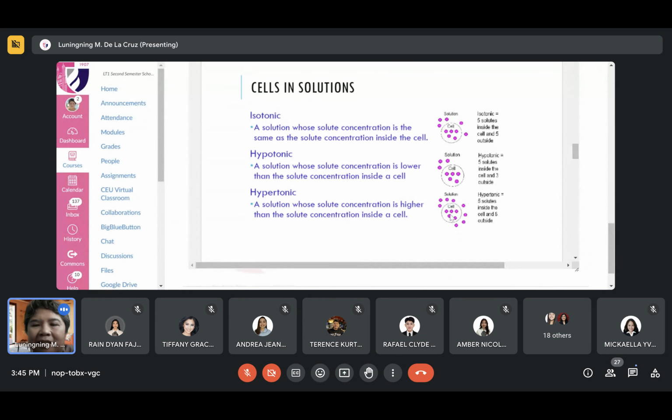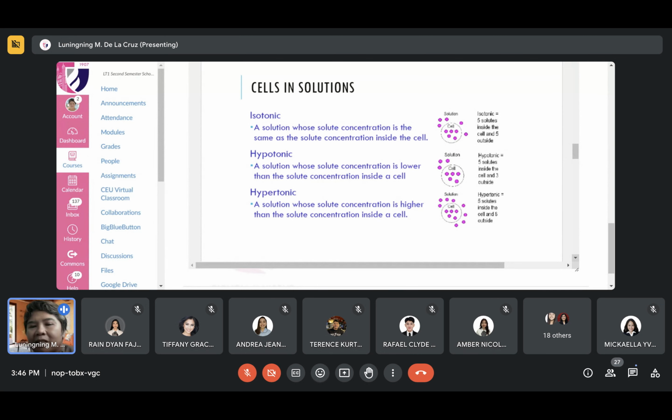And so the tendency of water here is to get out from the cell to the outside of the cell. Therefore, it leads to possible shrinking of the cell. And then, if the cell stays for a long time in this kind of environment, hypertonic, it may plasmolyze.